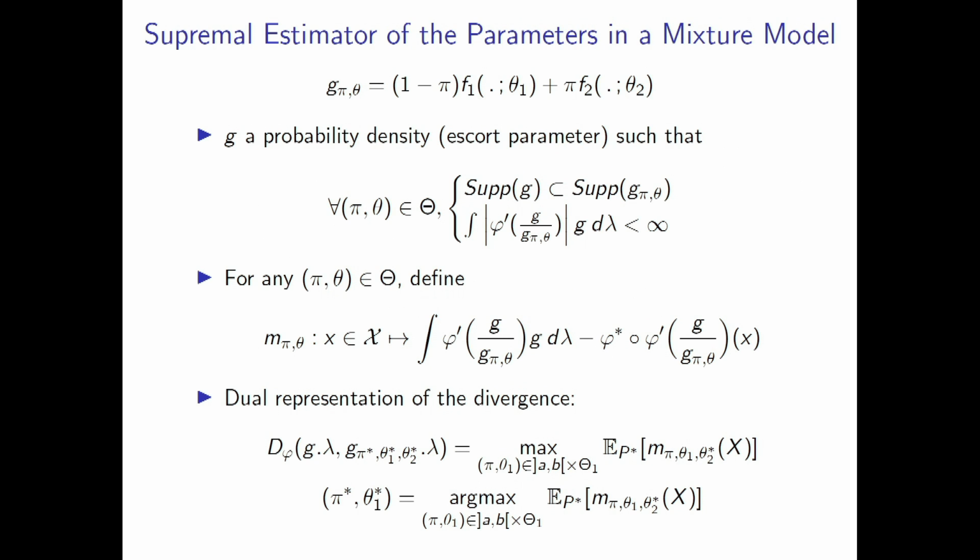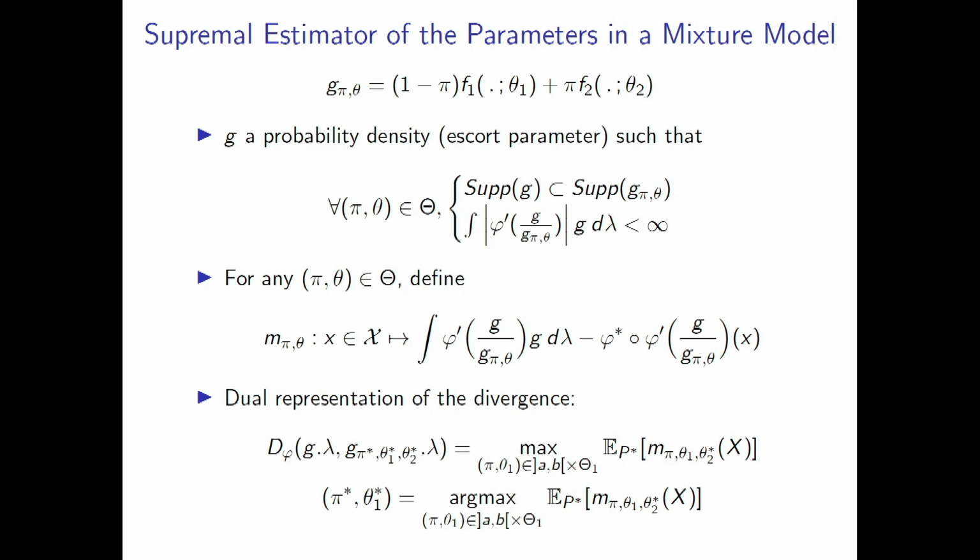And so we need to define an estimator, and the way to do it is here. So we can focus on this line. This is the same dual representation of the divergence as the one I presented before. Simply, we write it in this parametric framework. So we look at the divergence between a G, which is any density function, for now we'll call it an escort parameter.